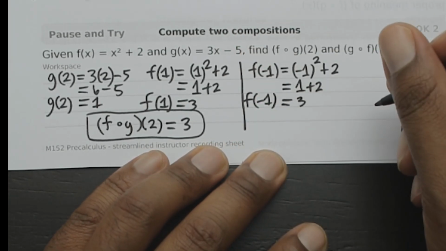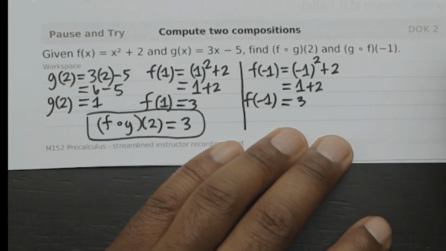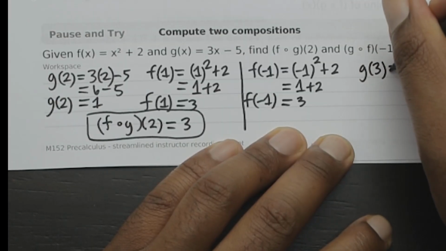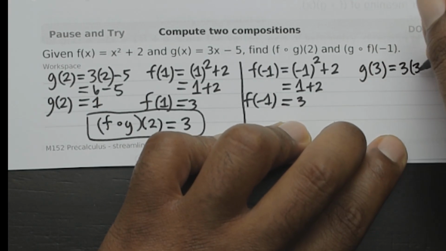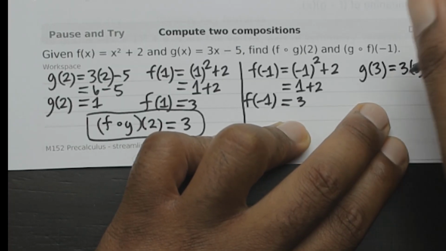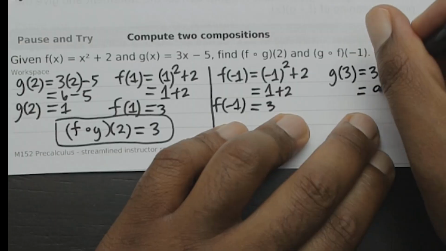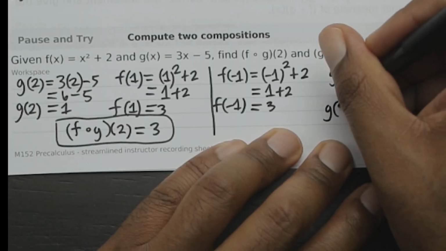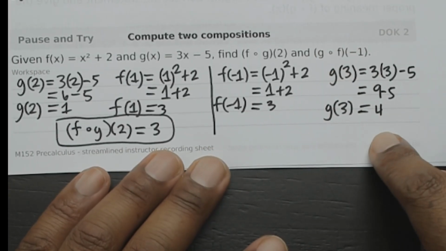Okay, so we have 3. Now we're going to put 3 into g. Okay, so now what does this mean?